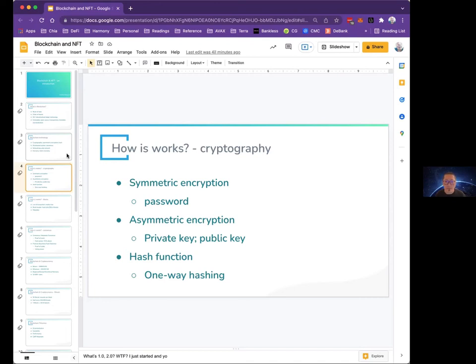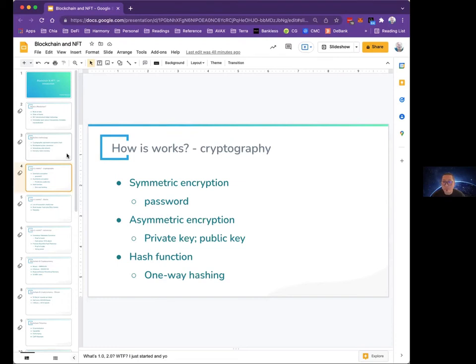However, in the blockchain, the most commonly used cryptography primitive is called asymmetric encryption. In asymmetric encryption, there is more than just one password. There are two components involved. One is called the private key, and the other is called the public key. The public key, based on the name, is intended to be public, so that people can use the public key to verify the message encrypted by your private key.